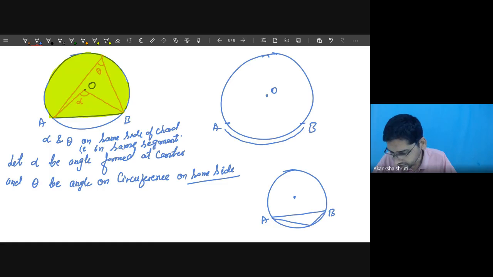Say, consider this point as Q, and you are joining the center this way. Means you are making the alpha angle at the center O, but making some angle on the other side. Now let us consider this angle as beta.